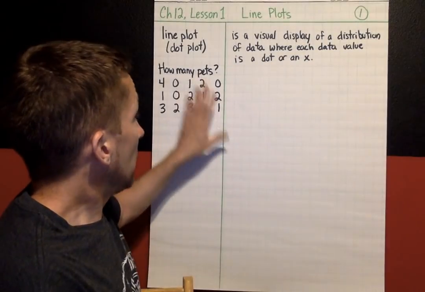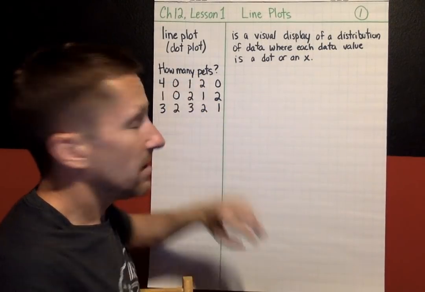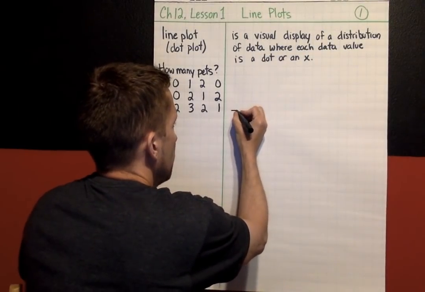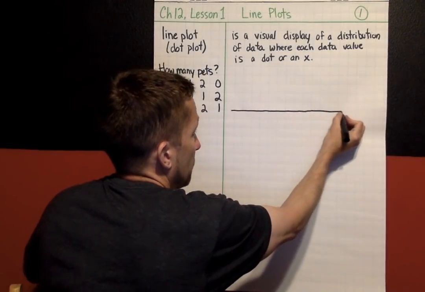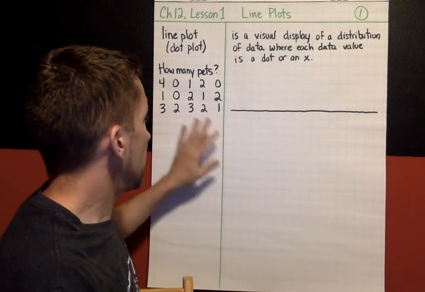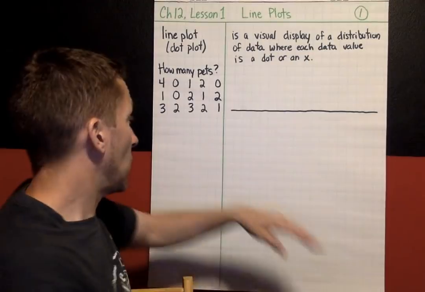So a line plot is a visual representation of this data. Let's create that now. The first thing we're going to have is a line. I'm going to look at my data and I see that it goes from 0 to 4.